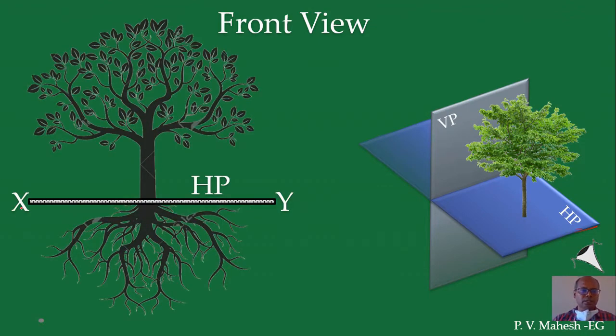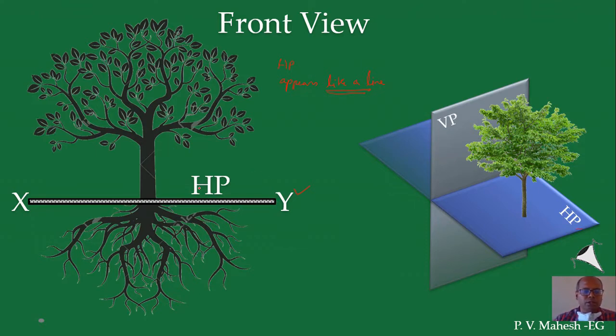Now that line is represented by the reference line XY in our drawings. In engineering drawing, in the front view, the horizontal plane appears like a line, and that line is the reference line XY.